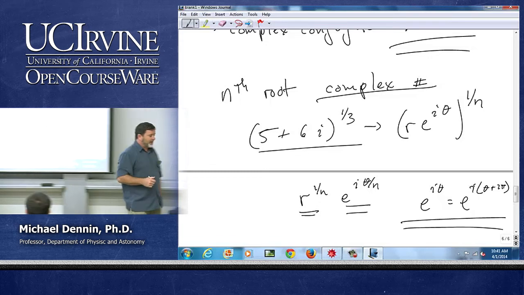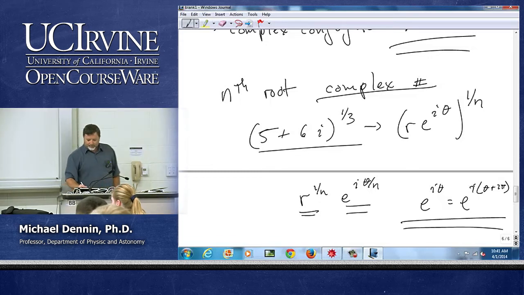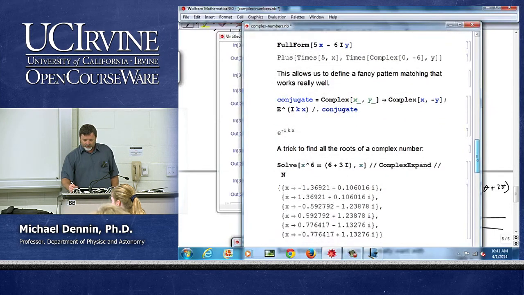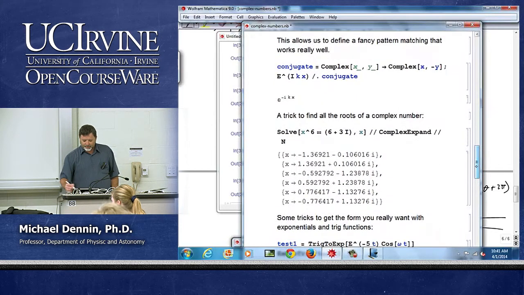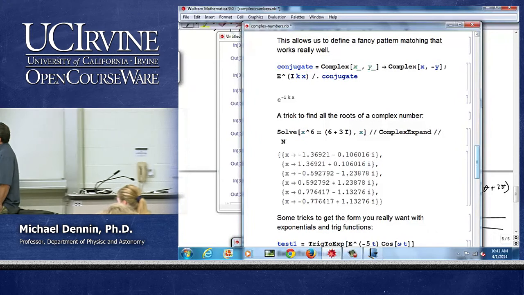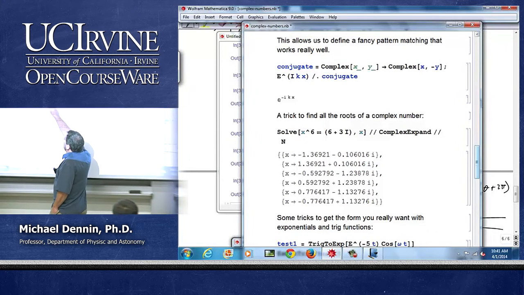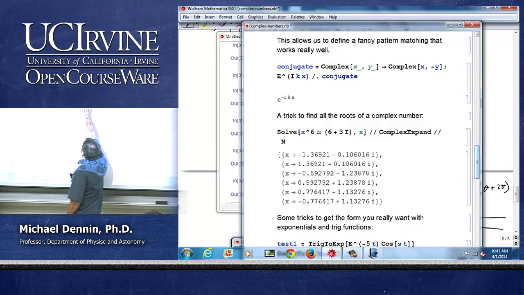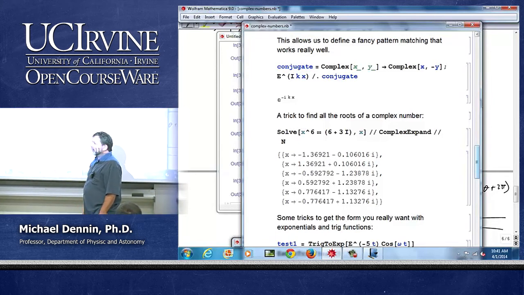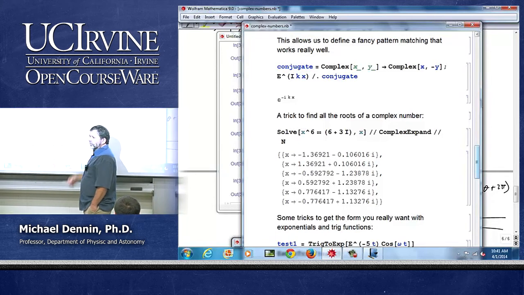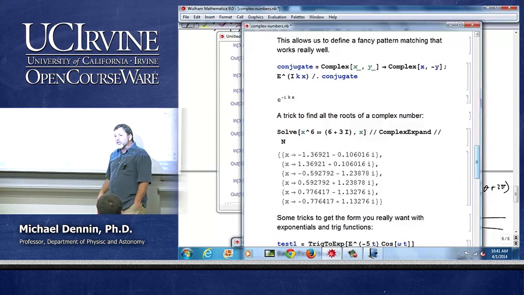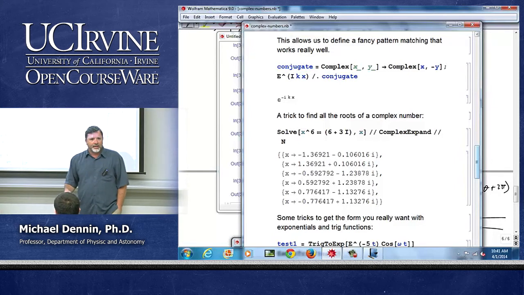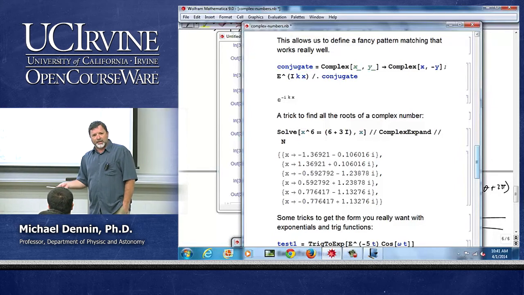The trick in Mathematica to doing that turns out to be kind of cool. You just solve the equation x to the n equals whatever the complex number is you want. And you get out all the n roots as numbers. The other way to do it is to do it by hand and write it as r e to the I theta and solve it individually for each theta. And that's a little tedious and painful.